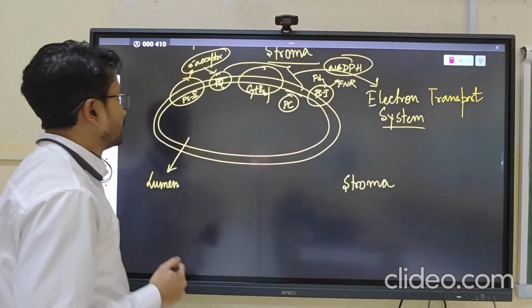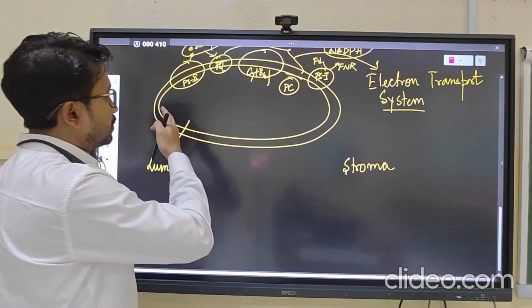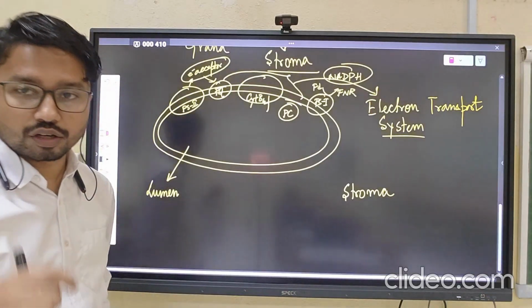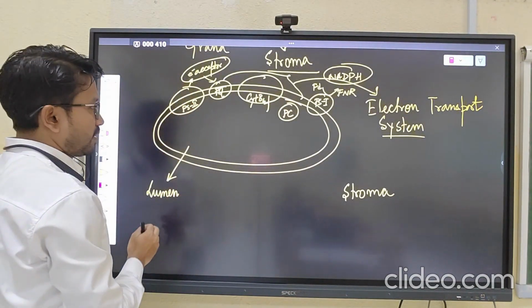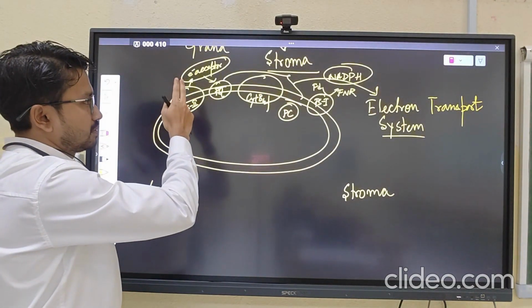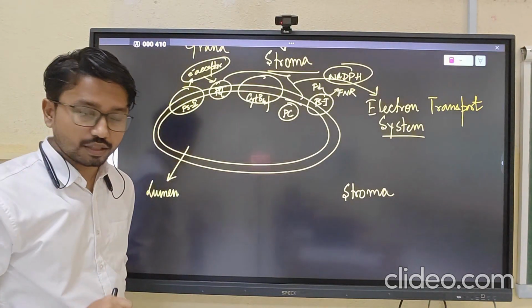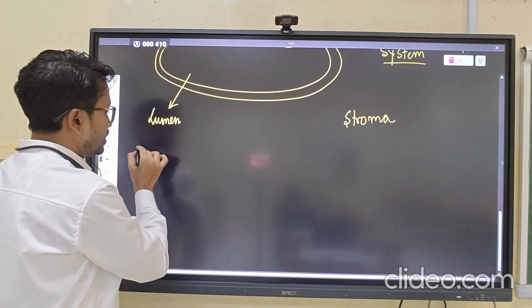Now, this is the whole set of molecules that are present on a thylakoid membrane. As soon as PS2 gets excited and leaves the electron, it is without any electron. So we need to understand two things here. I'll come back to this picture again. Two points are very important.